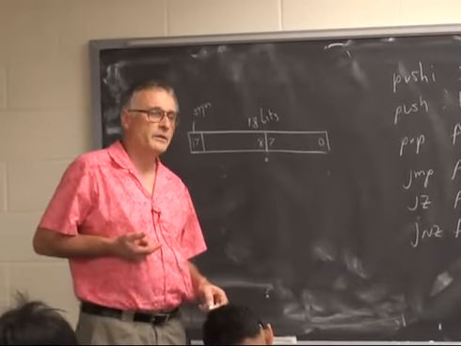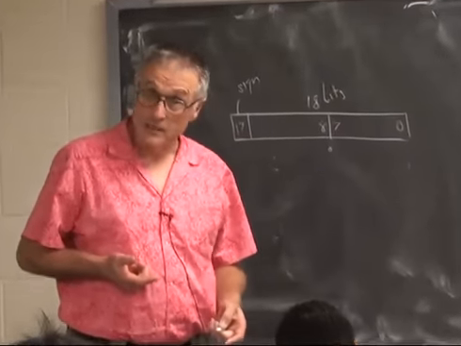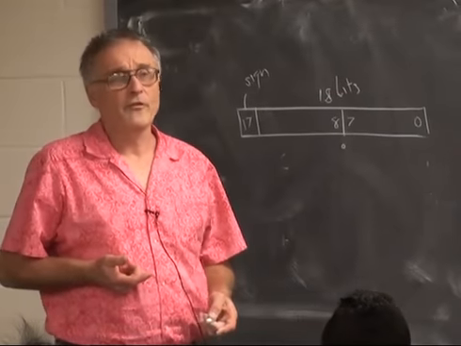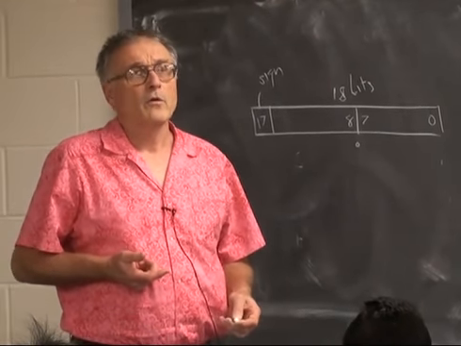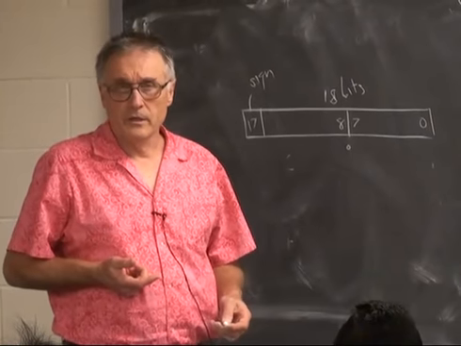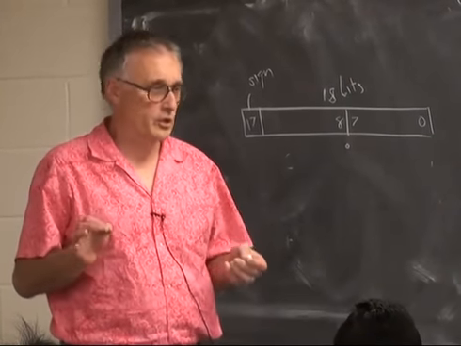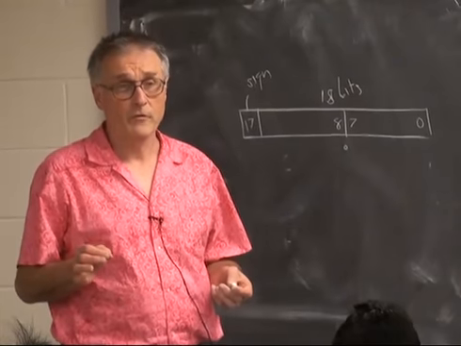This is useful for doing DSP, where we're going to find that many of the numbers that you need to deal with are fractional. In fact, some are very small fractions.